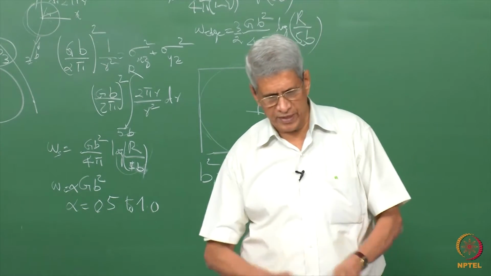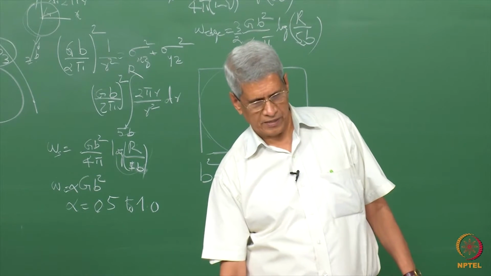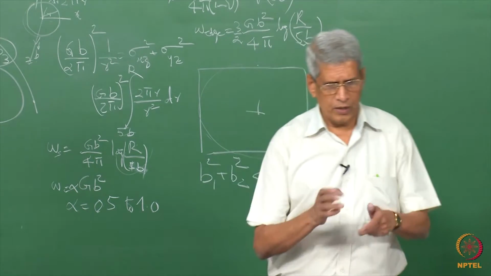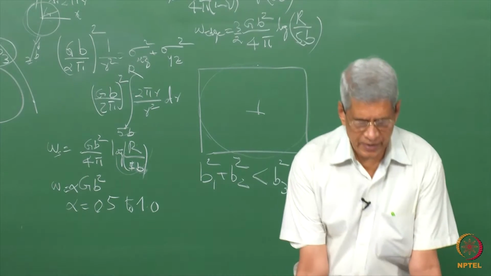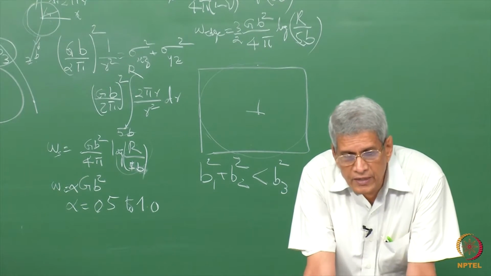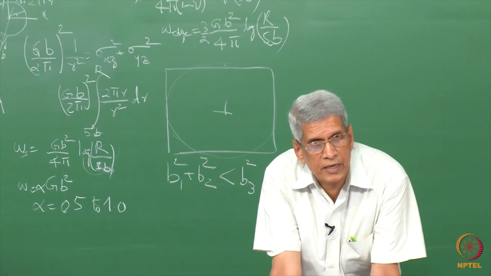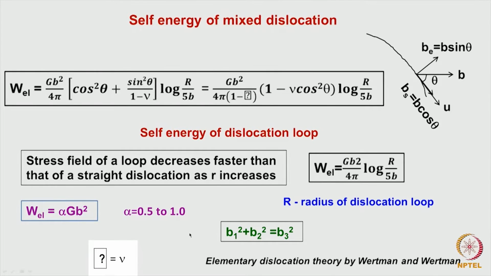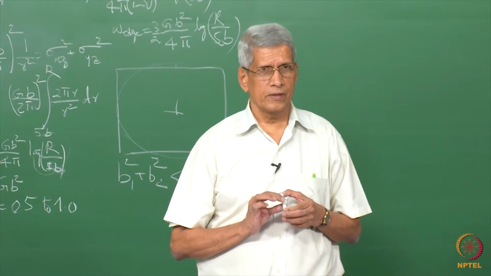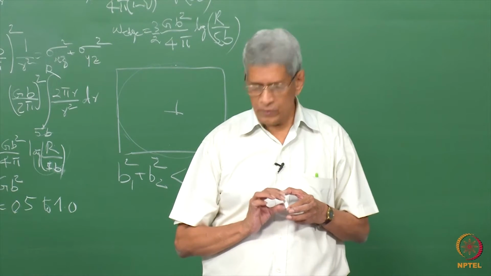These aspects we will consider in the later classes. So from this we can understand that there is an energy, and this energy, whatever we have calculated and derived in all these expressions, is per unit length of the dislocation, right? Is it clear?